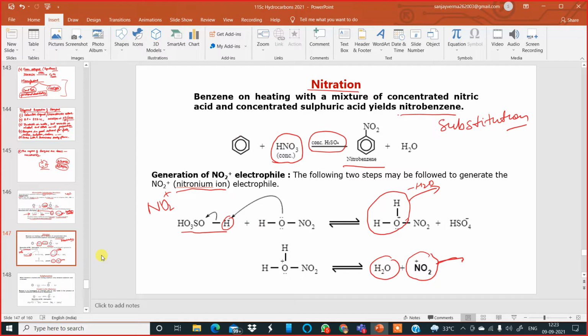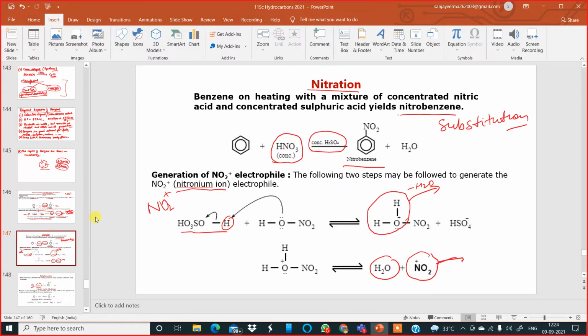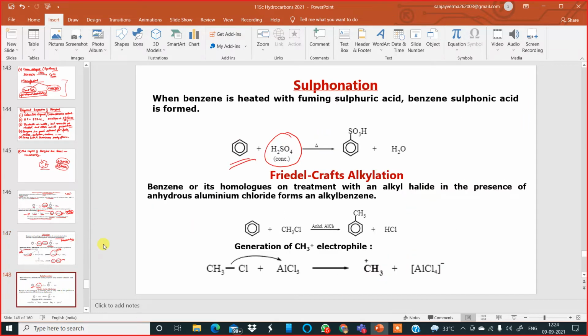Now after that, moving to the next electrophilic substitution reaction. After nitration we have sulfonation by sulfuric acid. If you use only concentrated sulfuric acid reacting with benzene, then sulfuric acid, as you have seen on the previous slide, is HO3SOH.